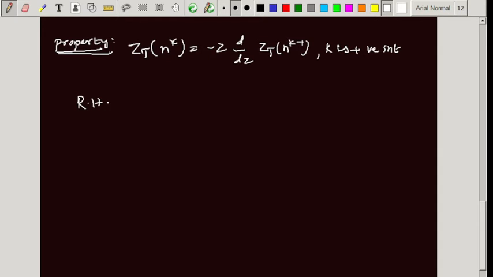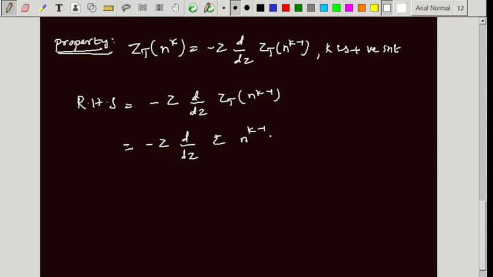RHS is nothing but minus z into d by dz of the Z transform of n power k minus 1. By the definition of Z transform, we can write this as summation n is equal to 0 to infinity n power k minus 1 into z power minus n.